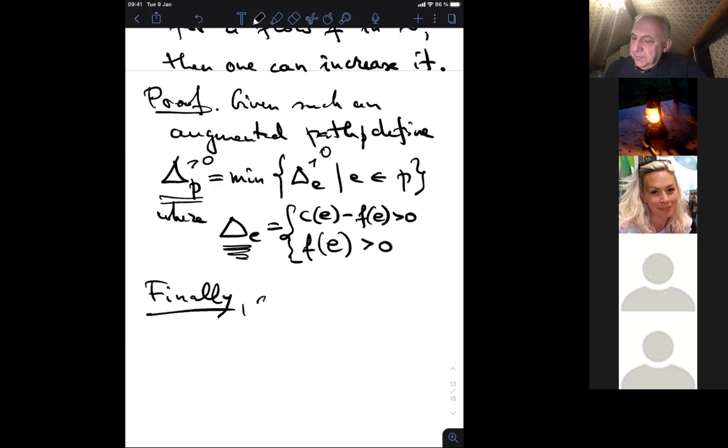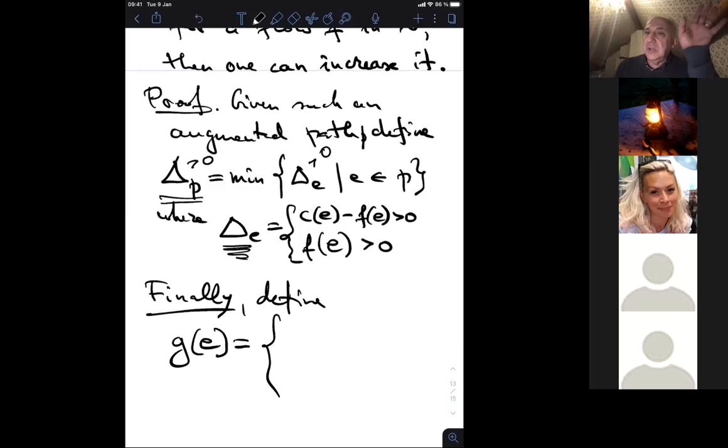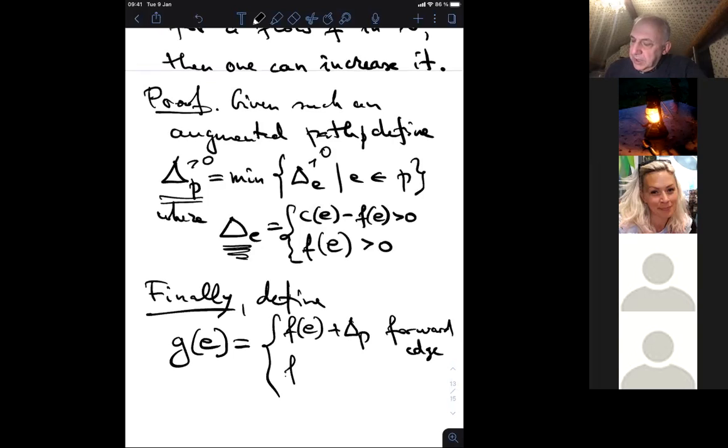Okay, finally, here is what we do with our existing flow. Define G of e for each edge along the path. We'll not be altering any other edges which are not in the augmenting path. But along the path, we will be adding delta P to each forward edge, and we'll be subtracting delta P along backward edges.